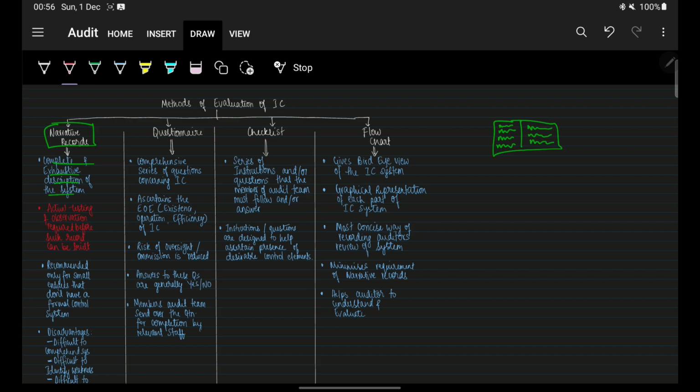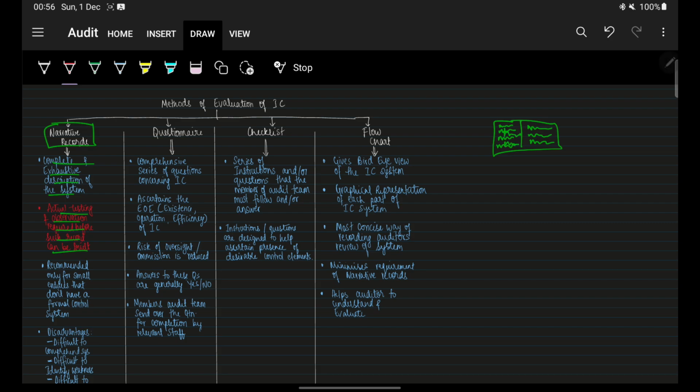So this is one way of evaluating the internal controls. Here actual testing and observation is required before such a record can be built. So he's going to observe how the control environment is. He'll observe the components of internal control and then he'll write it down in his book.